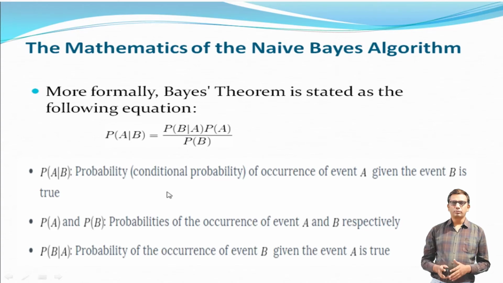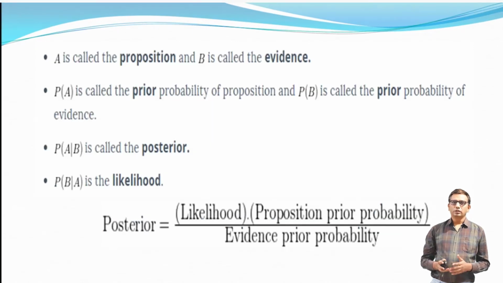We already studied this in probability, and now A is called the proposition and B is called the evidence. Probability of A is called the prior probability of A, probability of B is the prior probability of B, probability of A given B is called the posterior probability, and probability of B given A is called the likelihood probability.